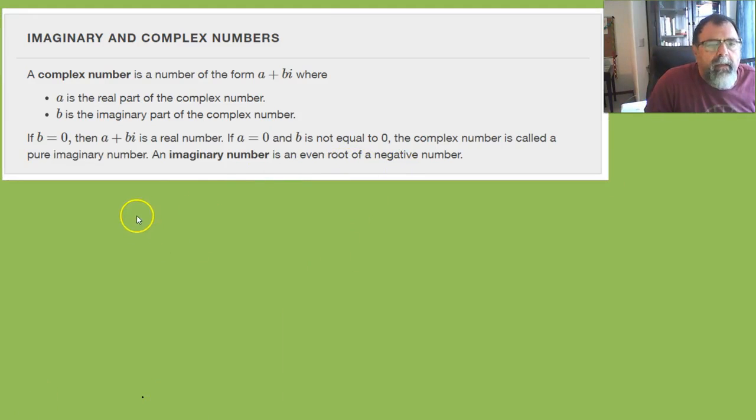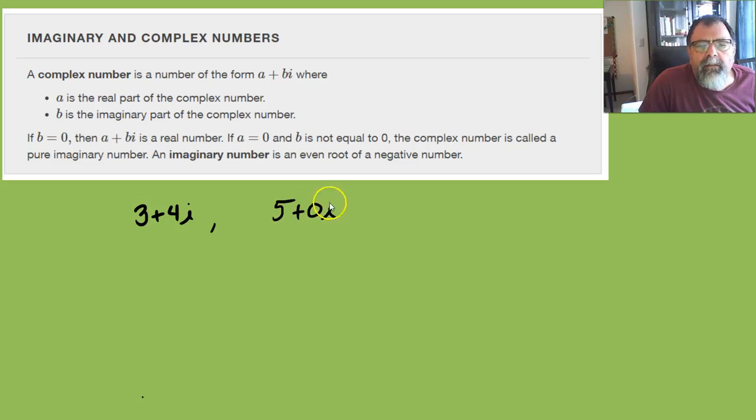So if we have 3 plus 4i, we call this a complex number. If b is 0, say 5 plus 0i, this is a complex number, but it just equals a regular real number, a whole number in this case.